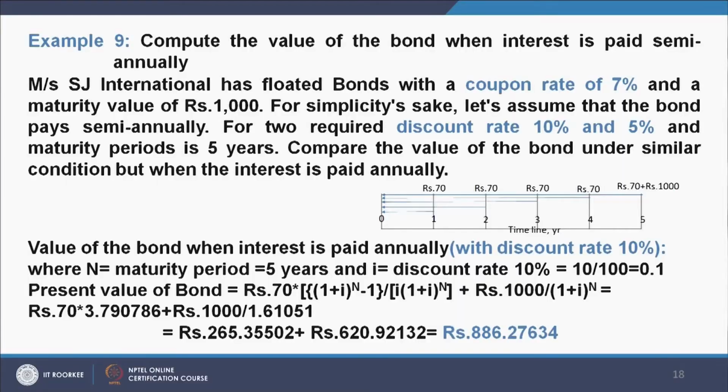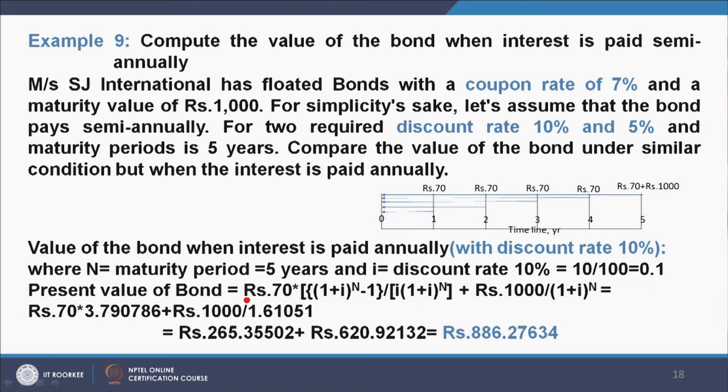The value of the bond when interest is paid annually. Now, we will start the calculation with a discount rate of 10%, where n, the maturity period, is equal to 5 years, and I is the discount rate 10%, which is equal to 10 divided by 100, equal to 0.1.